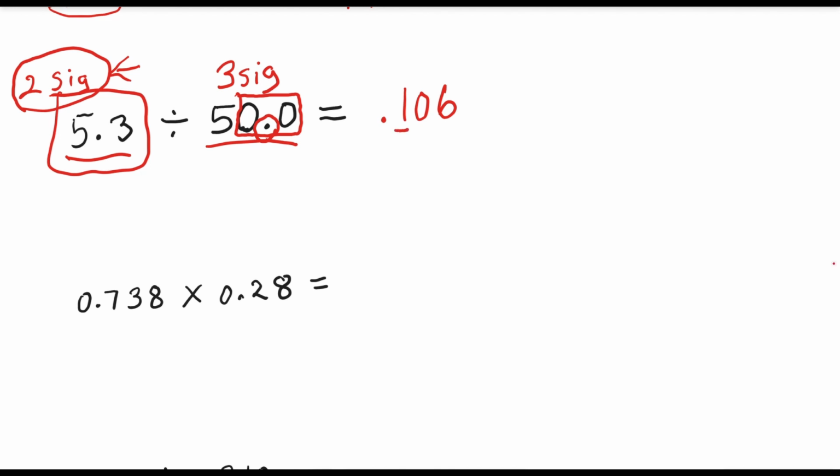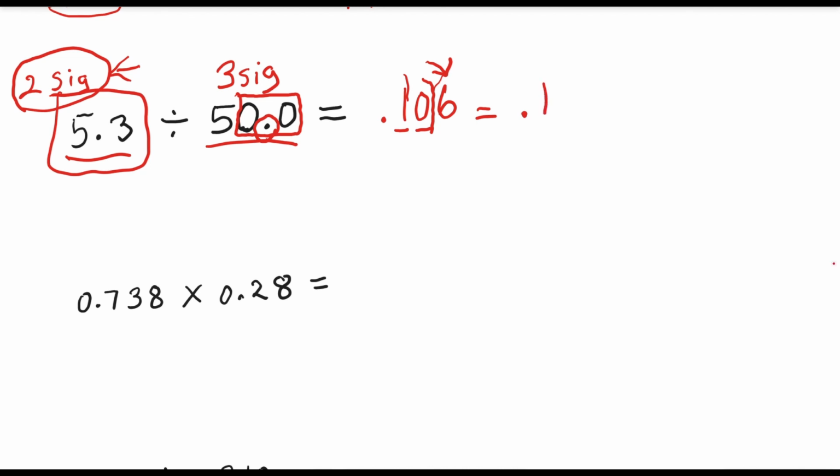Okay, so the 1 is significant, the 0 is significant because zeros in between non-zero digits are significant. So if there's a 0 in between non-zero digits, they're always significant. So our 0 is our second and final significant figure, which all we have to do now is look at the next number to round properly. So the 6 is greater than 5.